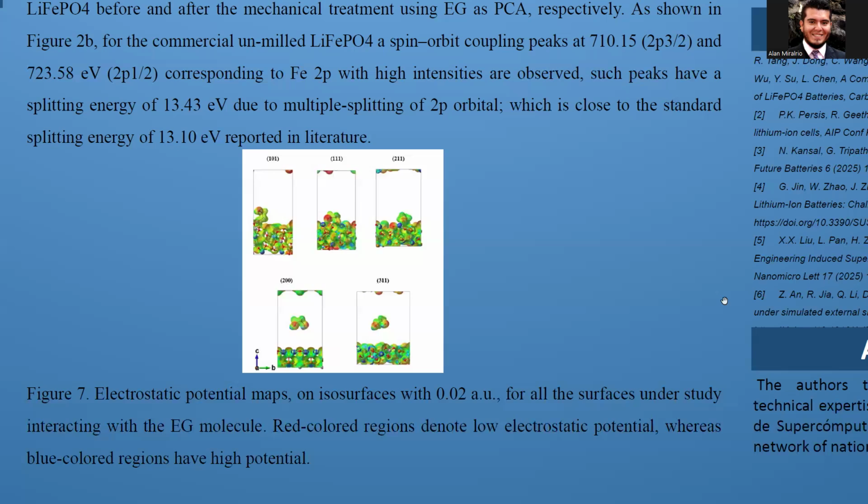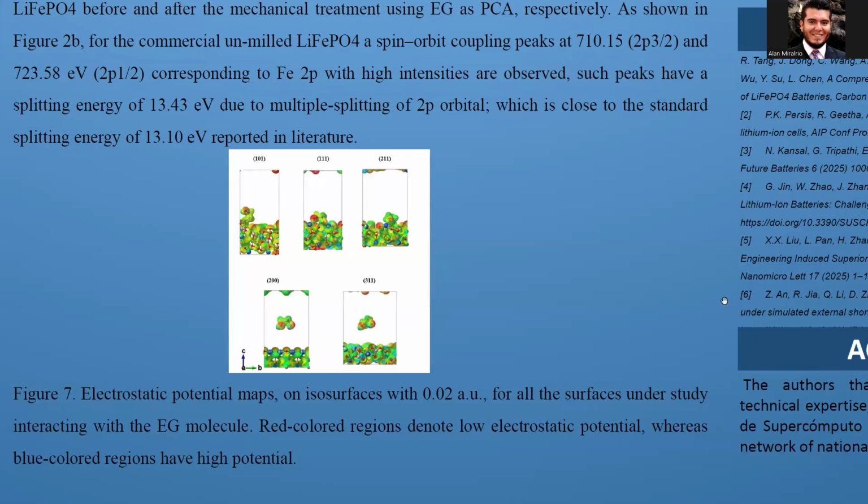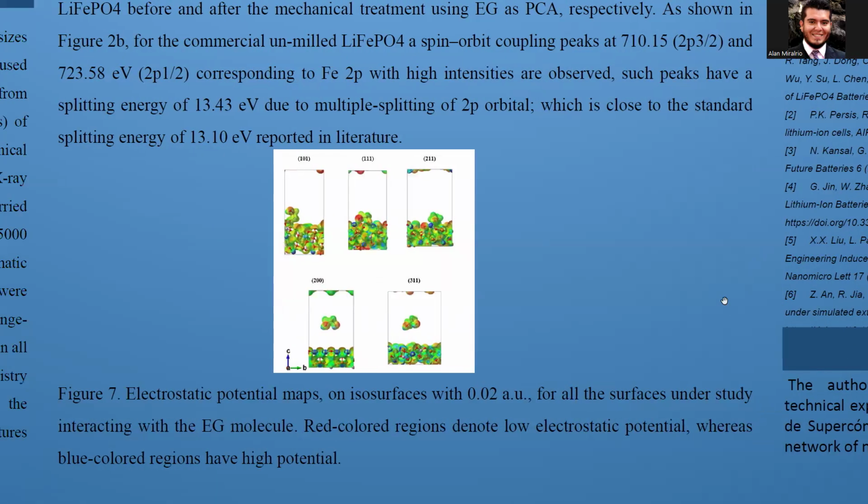the surface energy. Also, it is possible to obtain the electrostatic potential maps, as you notice in figure number 7, with isosurfaces of 0.02 atomic units of electron density.